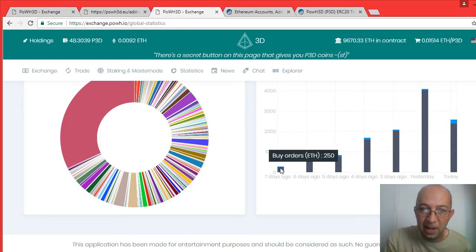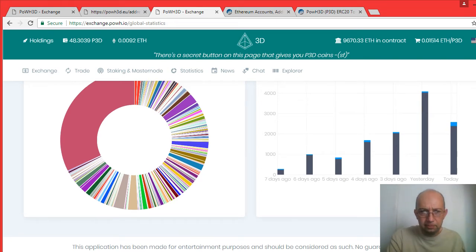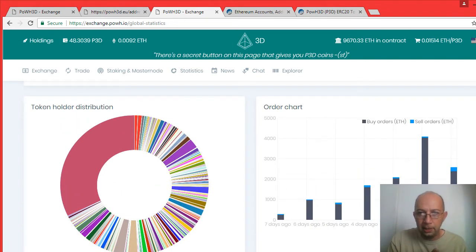When I started, it was back over here. So this is a huge increase. I'll talk more about where I think this coin is going to go.